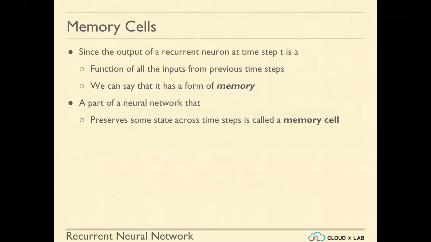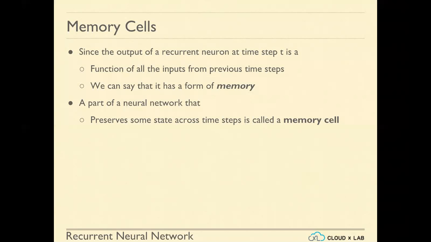All right. So now, since the output of a recurrent neuron at time step t is a function of all of the inputs from the previous steps, right? Why all of the inputs from previous steps? Because the time t1 is a function of t0, and time t2 is a function of t1.